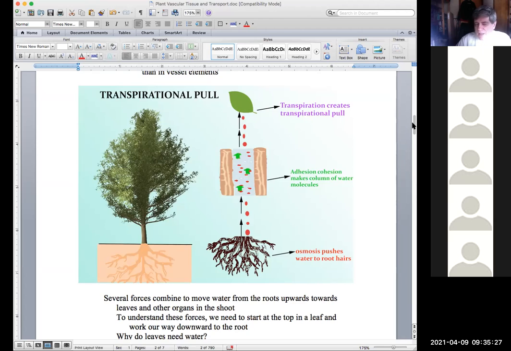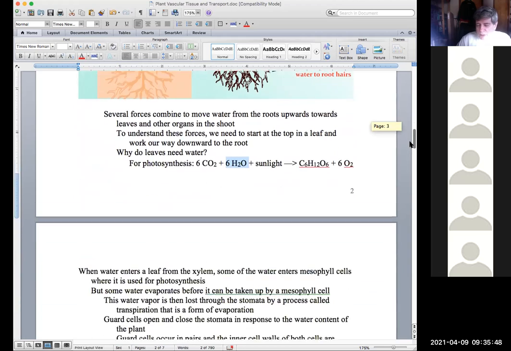Without hydrogen bonds, this would not work. And if this didn't work, then you wouldn't be able to have plants reach the height of trees. Plants would be limited to, at the most, about 4 or 5 inches without any vascular tissue. So this is really crucial.